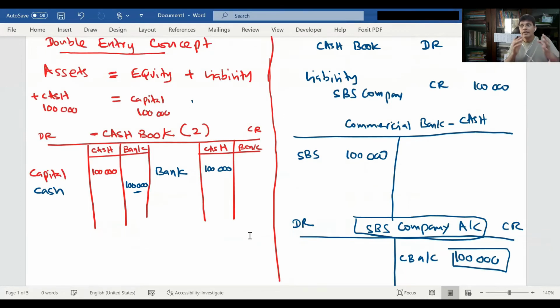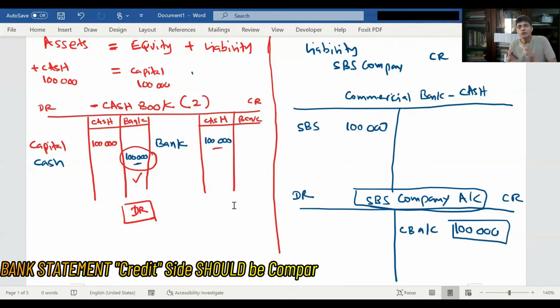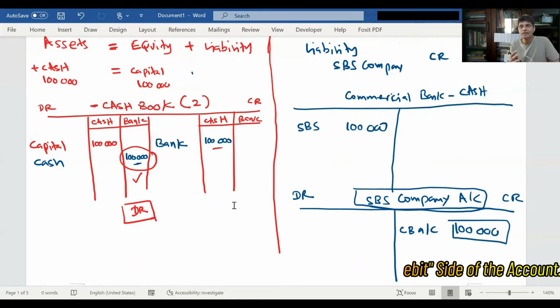Okay. So does he have to compare with the debit side or the credit side? When you receive the bank statement, the credit side should be compared with the cash book debit side. Why? Because from the point of view of SBS company, the cash deposited is an asset to them. That's why it's on the debit side. Okay, we debited the bank account and we credited the capital account. That is a separate set of books in the company.